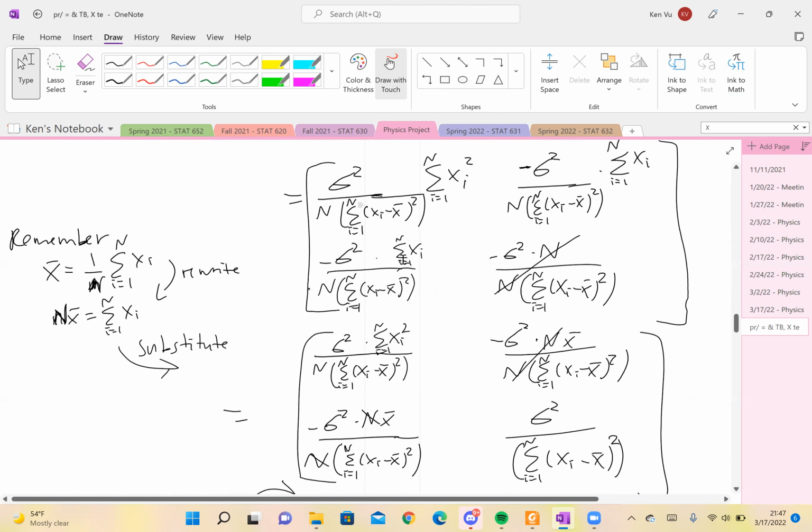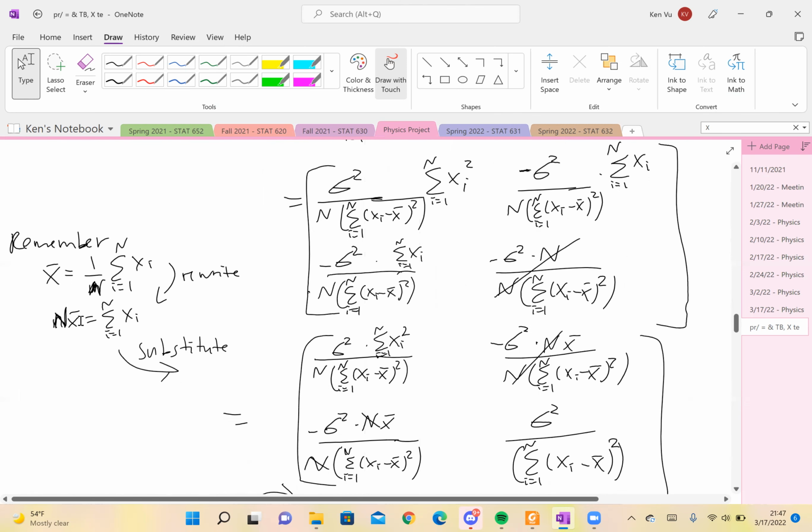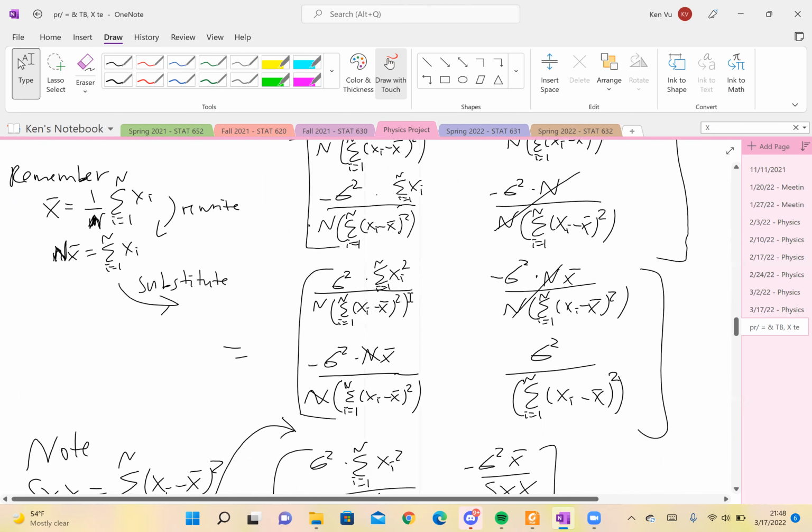Once you do some simplification, remember the definition we had for the sum of the x values being equal to n times x bar. We found that earlier, and you're going to use it again to do some more simplification.